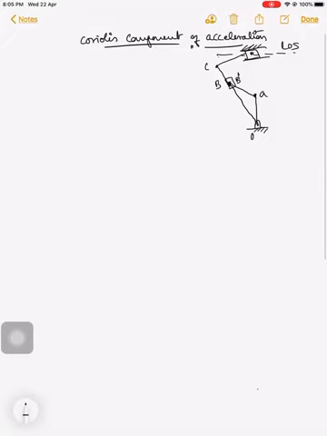So we know the principle behind the working of quick return mechanisms. Now when I consider this link OC, it has a slider in between which not only rotates due to the rotation of the crank, but this whole link will rotate. OC will rotate with the rotation of the crank, but the slider inside this link will also move linearly.